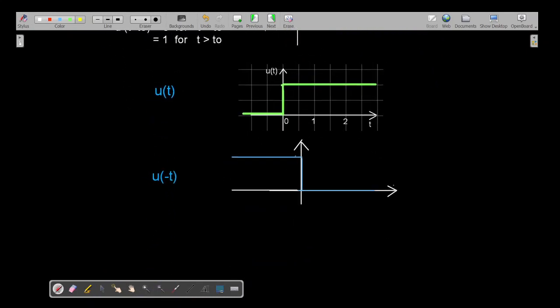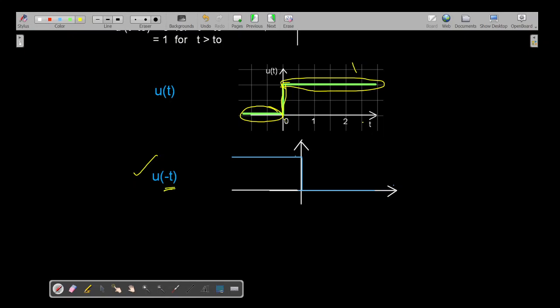Then we have this thing, how to find u of minus t, that is also important. So we know what u of t is. It is a unit step function. For t less than 0 we have 0 values and for t greater than 0, we will have the 1 value. Okay, so we have the change over here, right? So u of minus t means it is the reversal in the time axis.